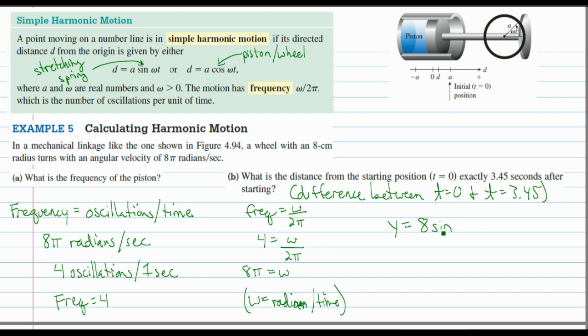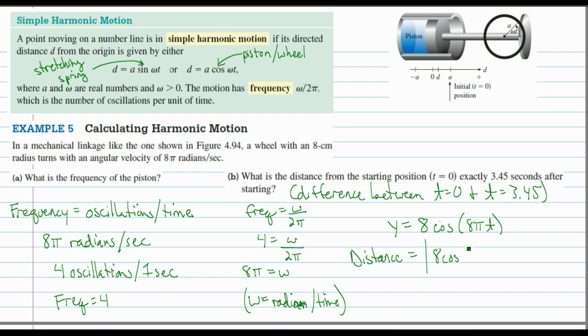So 8 times, I'm sorry, we're using cosine, of 8 pi t. So now the distance from starting position to 3.45 seconds is, we're going to take the absolute value, because we don't want a negative value, we're just looking for a distance which is positive.